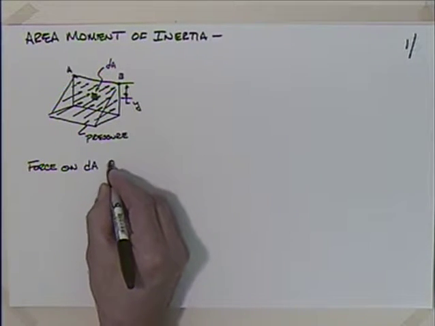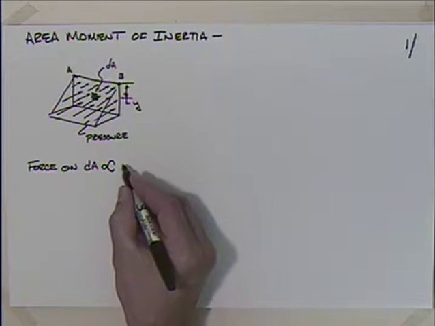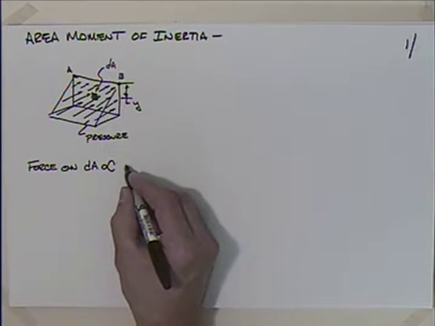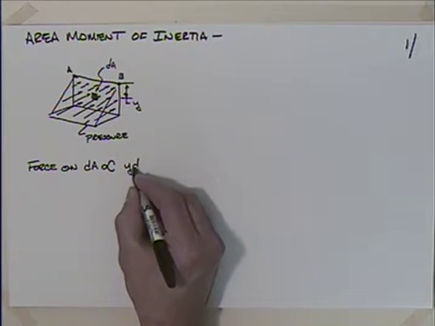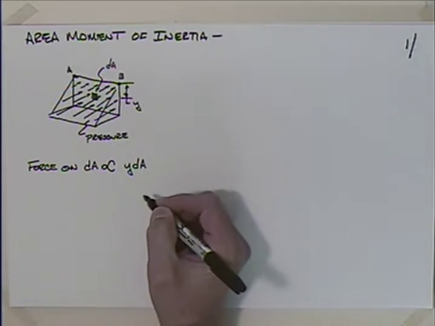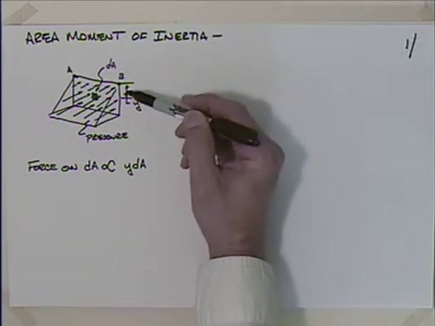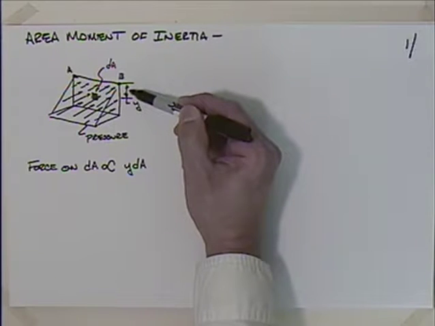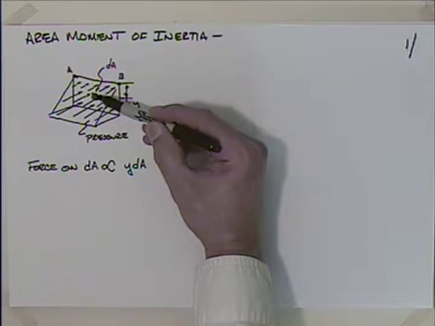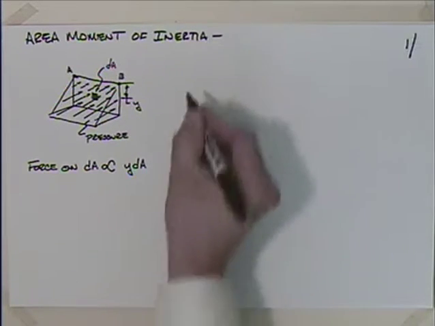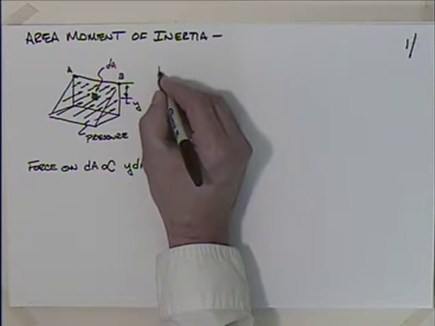and say that the force on dA is proportional to y, the distance y, times dA. Because the pressure is going to get larger as a function of y, and then you multiply the pressure times the area, and you're going to get the force, right?